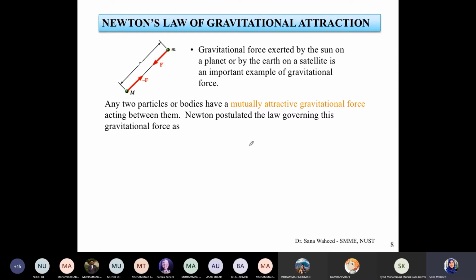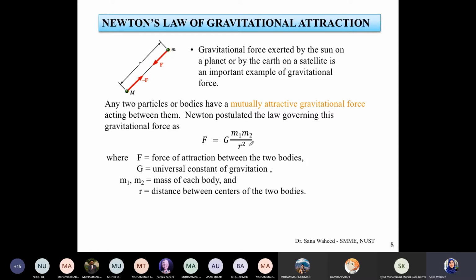So he also proposed the law of gravitational attraction, where he proposed that two masses have an attractive force between them because of their mass, and he called this gravitational attraction. He gave this expression for it: the attractive force is a function of this constant G, and then the product of the masses divided by the square of the distance between them, right?